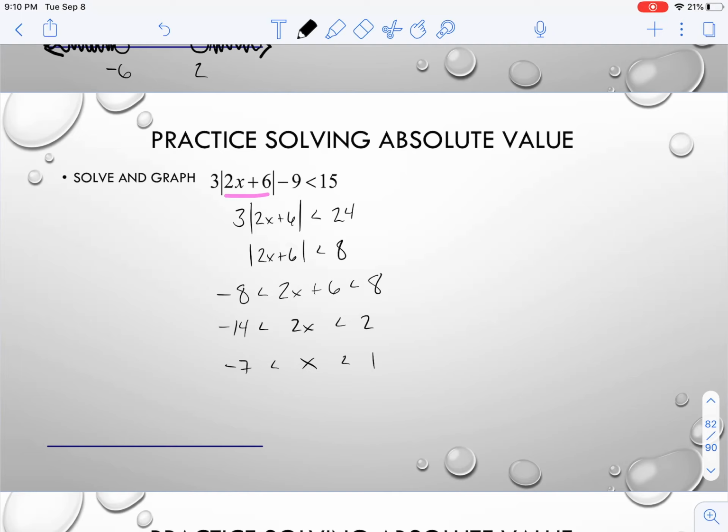Okay? And here now I know all the x values sandwiched between -7 and 1 are going to satisfy my absolute value inequality. Okay? Here, if I write this in interval notation, I'm going to have all the values non-inclusive from -7 to 1.